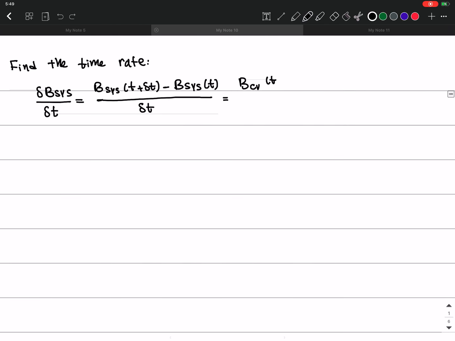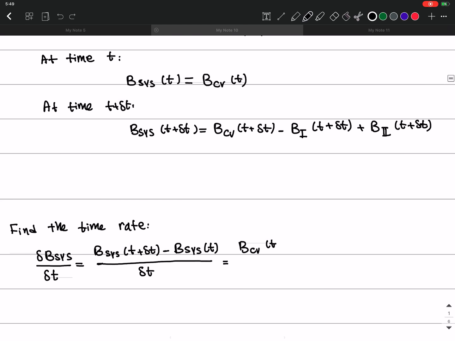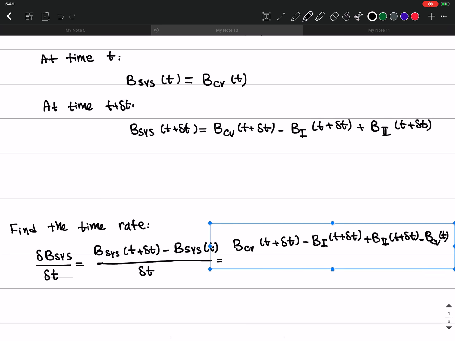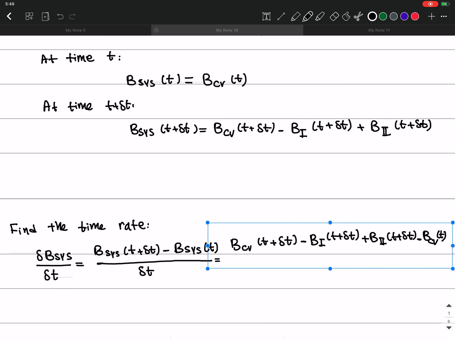B system at time t plus delta t is B_CV at time t plus delta t minus B1 at t plus delta t plus B2 at t plus delta t, and minus B_CV at t, right?